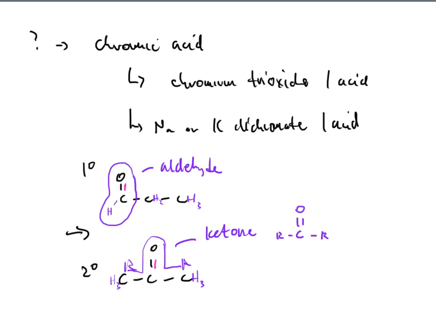Now, another issue that we have with oxidation is with the stinking primaries. Because, folks, they can go on and they can oxidize again. What do you mean they can oxidize again?